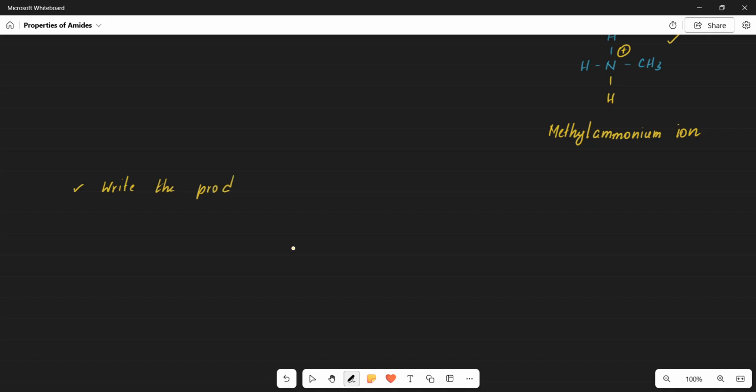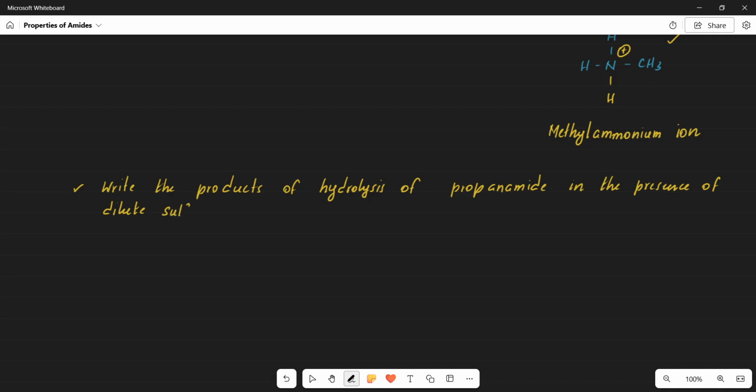Write the products of hydrolysis of propanamide in the presence of dilute sulfuric acid.